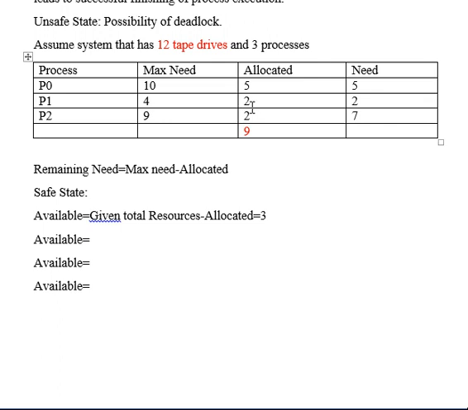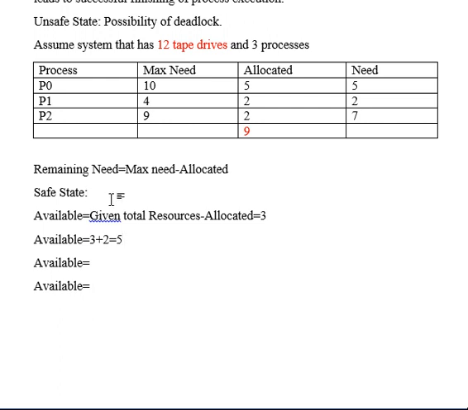It has been allocated 2 resources, so it will release these 2, and that will be added to our available resources. The previously available was 3, plus the 2 released after execution of P1, so the new available becomes 5.